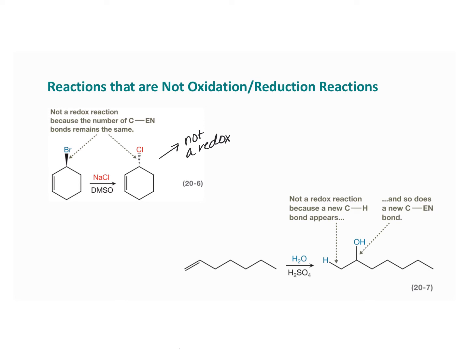Sorry, there was a dog barking in the background, so I had to look sternly at him. So it's not a redox reaction because we do form a new carbon-hydrogen bond, but we also form a new carbon-electronegative atom bond. And so the idea there is those cancel each other out. And because these cancel each other out, it's also not a redox reaction. So we have to be careful. Not everything is a redox reaction.